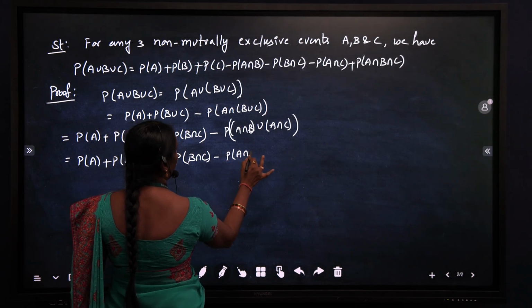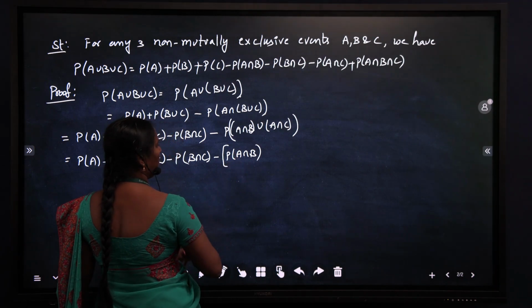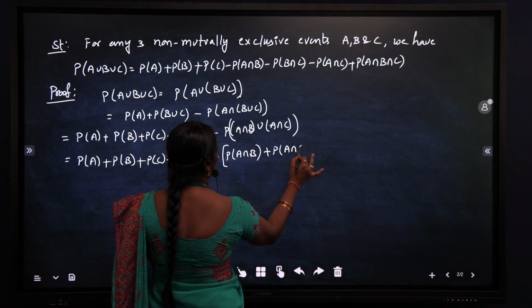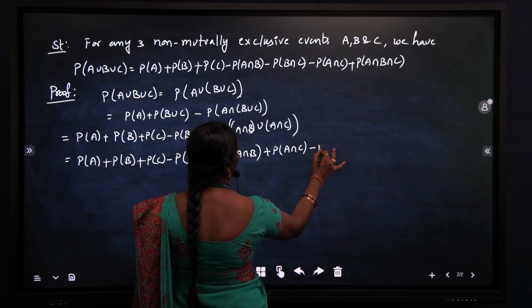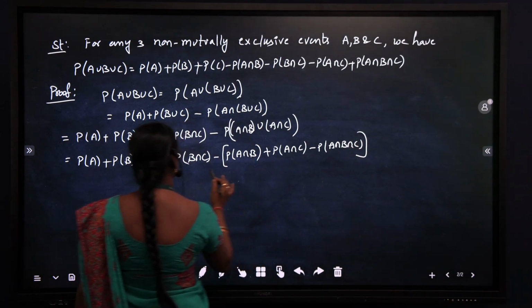So what is A union B? P of A union B is equal to P of A plus P of B minus P of A intersection B. Minus is a common term. P of A union B is P of A plus P of B minus P of A intersection B intersection C. Here minus is a common term.